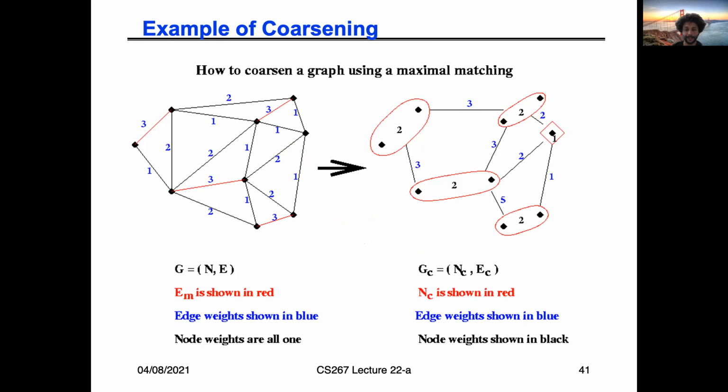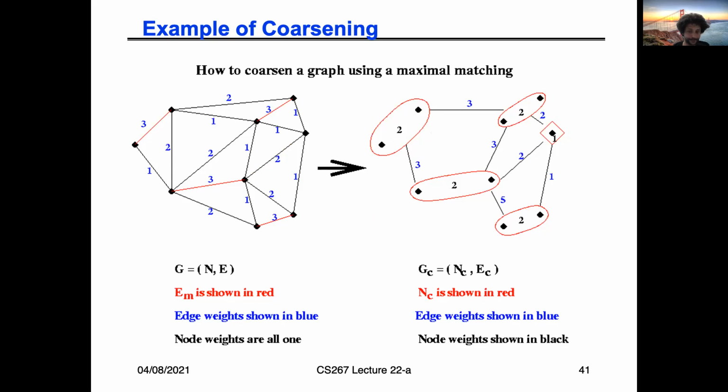The factor by which the vertices are going down is only 2, or in fact less than 2, because there are some unmatched vertices. But that's okay, that's maybe a slower coarsening. And we're going to collapse the endpoints of each edge in the matching into one big vertex called the aggregate vertex. Then we get a different graph based on that.